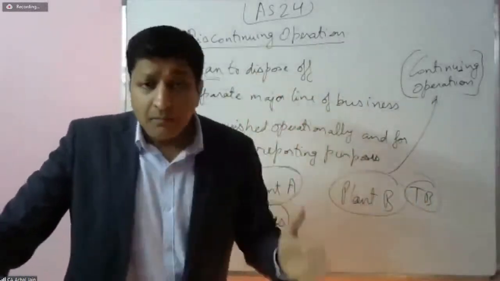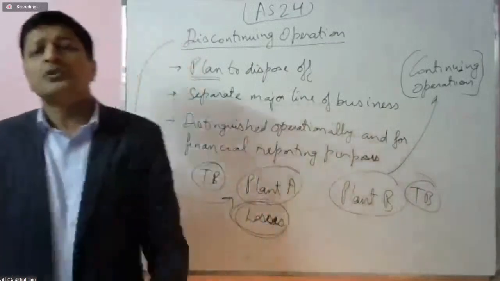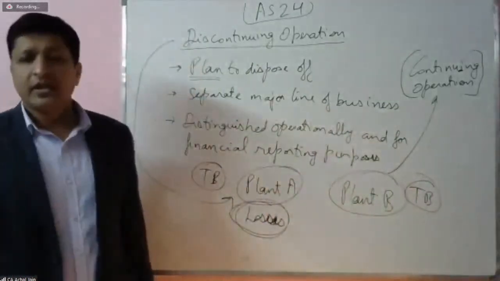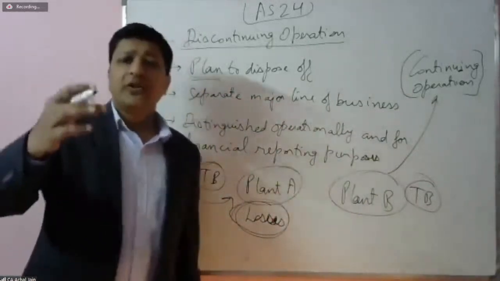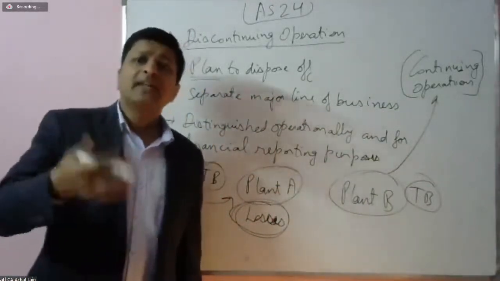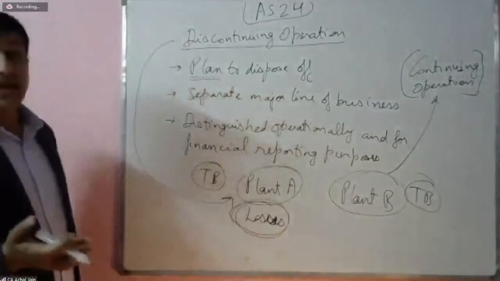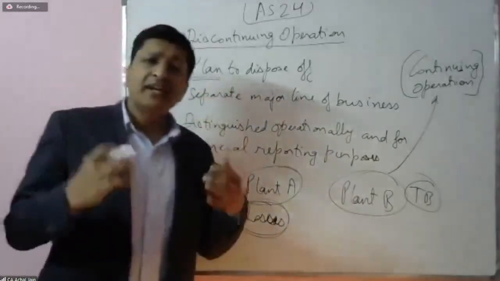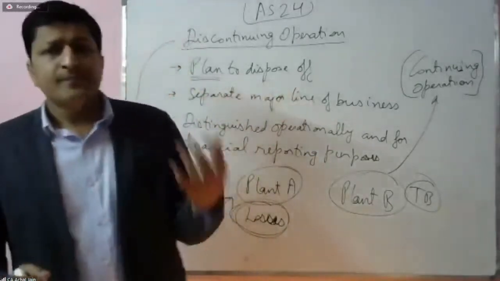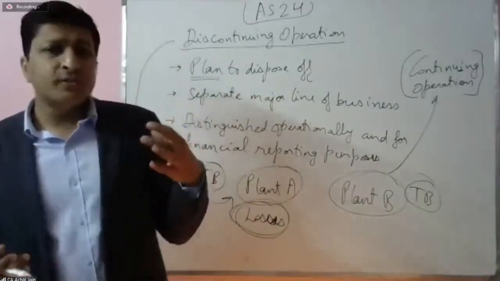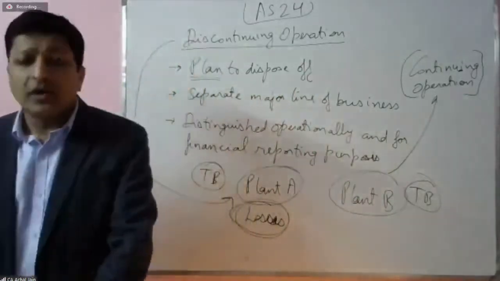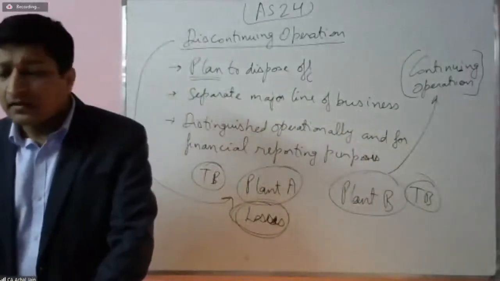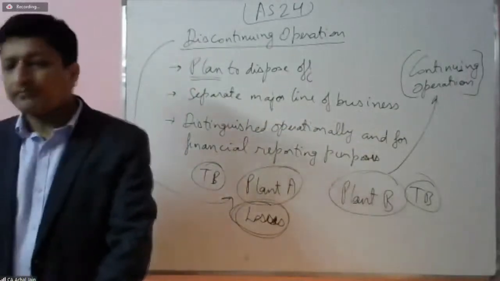No, the management should be actively engaged, actively involved in phasing it out, in completing this discontinuation. And how will that be completed? By finding a potential buyer. So all of these activities should be reflected on the part of the management for this to be called a discontinuing operation.